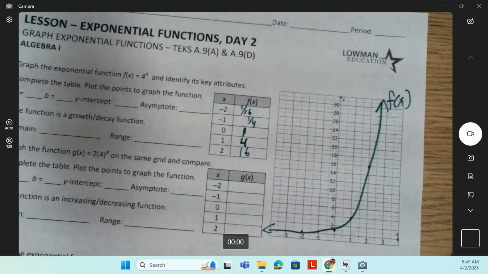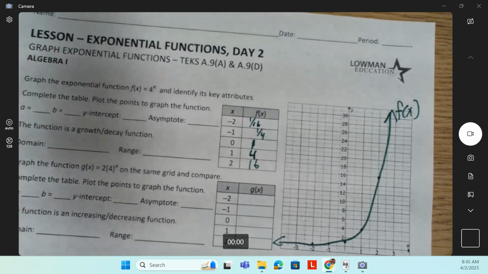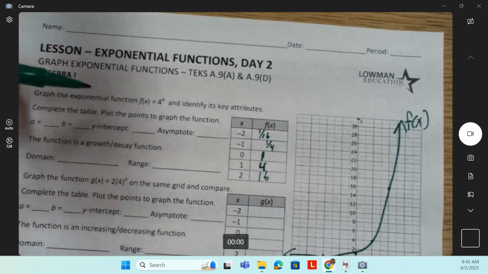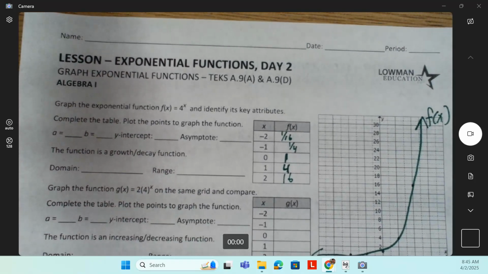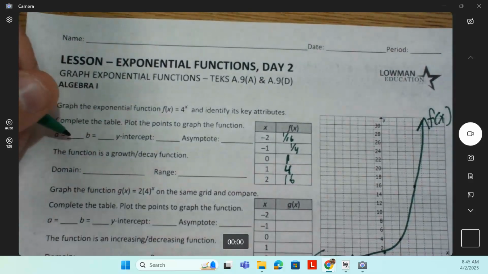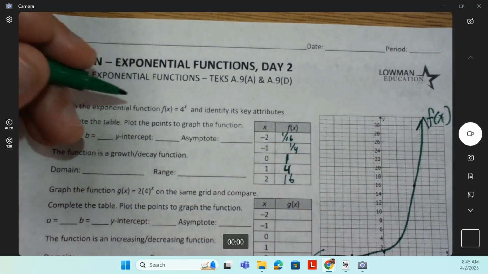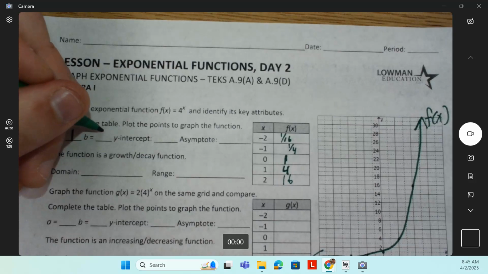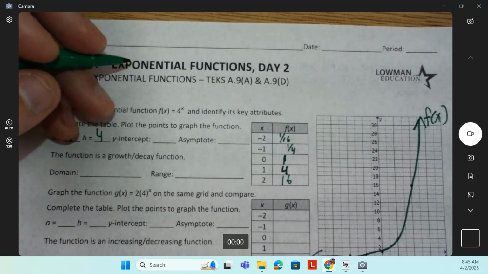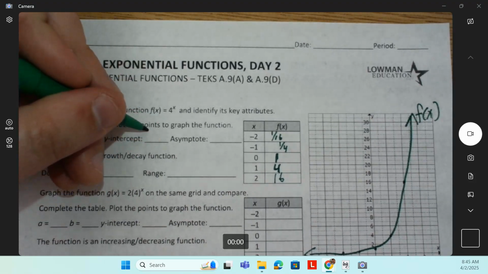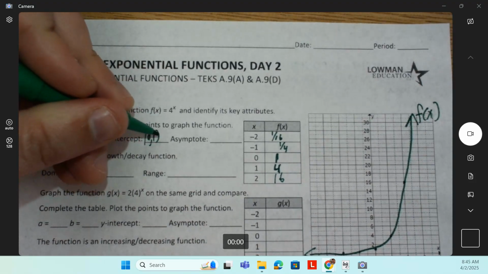So looking at this, our a value, there's nothing out in front of this 4 being multiplied that doesn't have an exponent. So that means the a value is just 1. The b value, that's the base, it's going to be 4. Y-intercept on this, of course, was 0, 1.